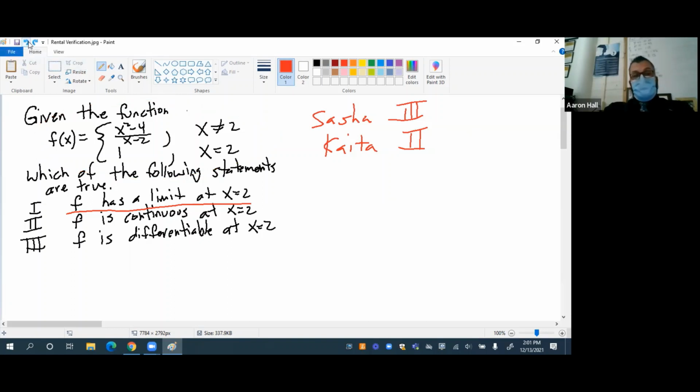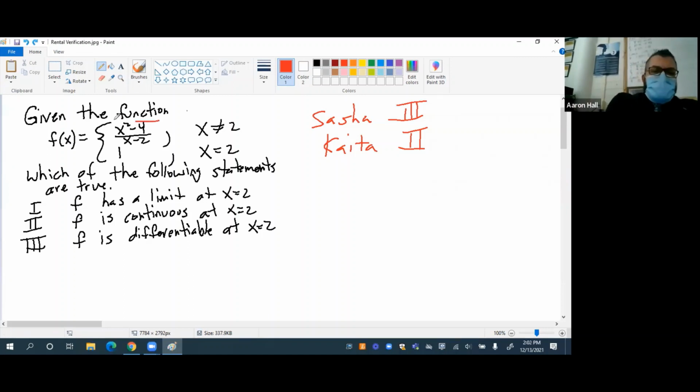Emerson, any ideas? I guess like just plug in values close to 2. Okay, it is a legitimate way to find out whether there's a limit.